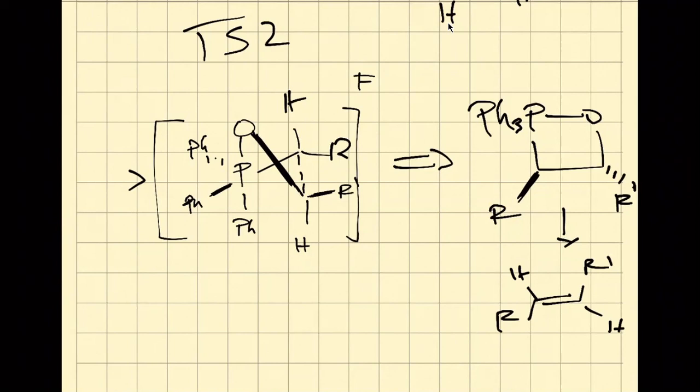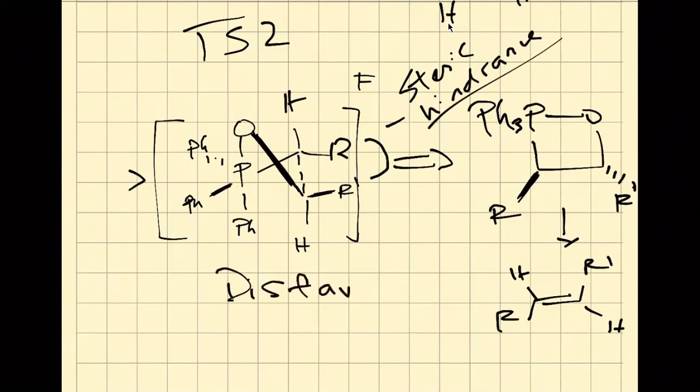All right, and so he's proposing that this transition state is less stable because of the steric interference that happens here between R and R1. So I'm going to write it down here that this is disfavored. So that's disfavored relative to TS2.